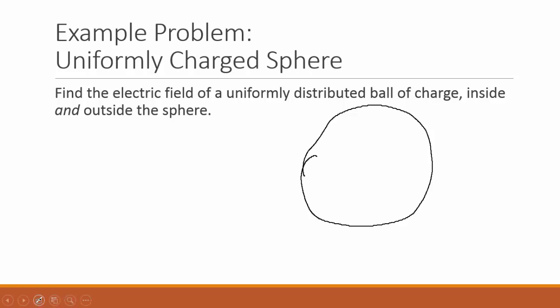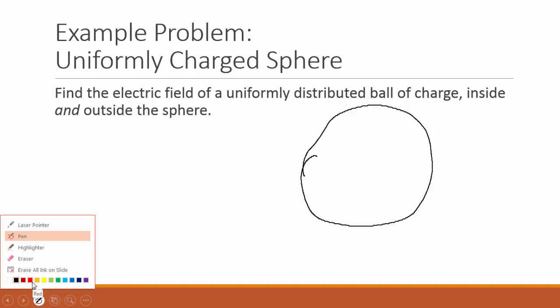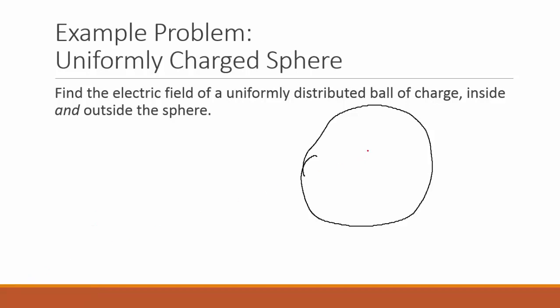And the Gaussian surface that I'm going to use, again, that's just the surface I use for Gauss's law, will be done in red. And it'll be another sphere of variable radius. I'll call this radius r, and the radius of the sphere we'll call A.